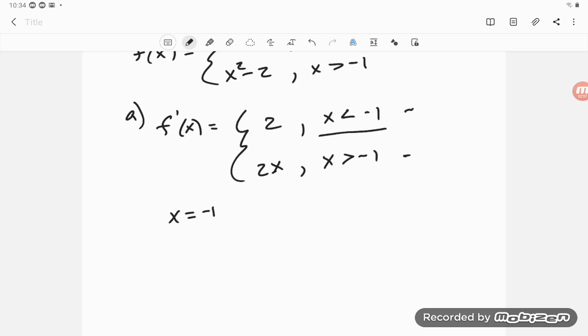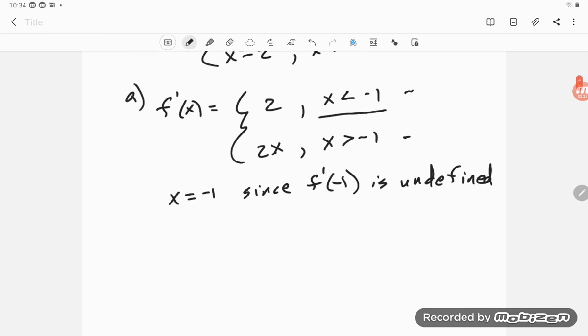But now I also need to look for when f prime of x is 0. At x equals negative 1, f prime of negative 1 is undefined. And 2 is never equal to 0, but if I set 2x equal to 0, I get x equals 0.